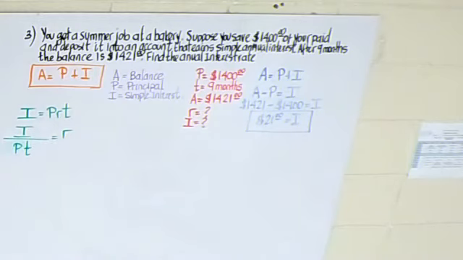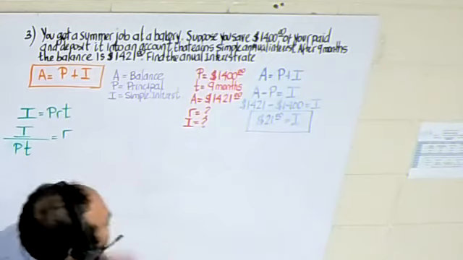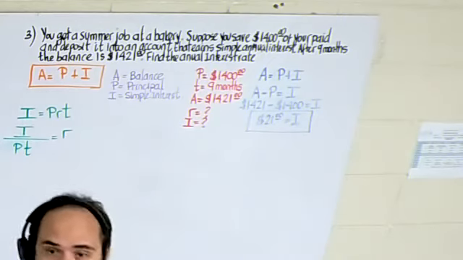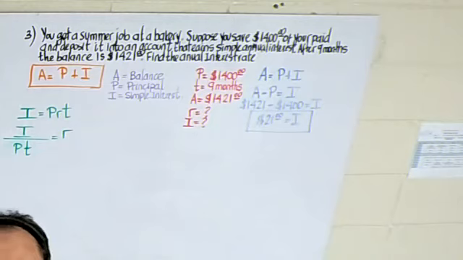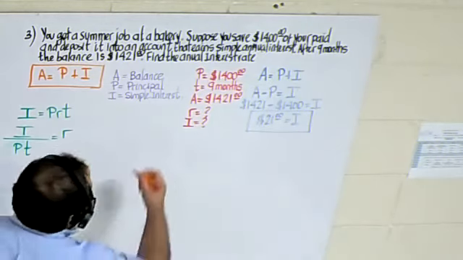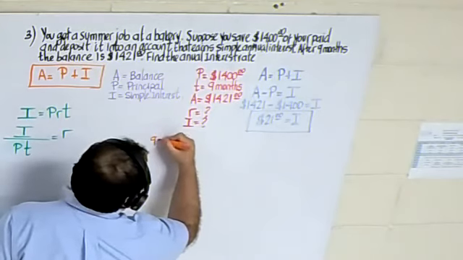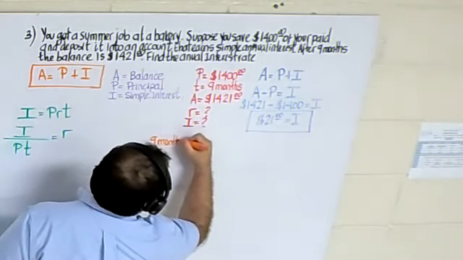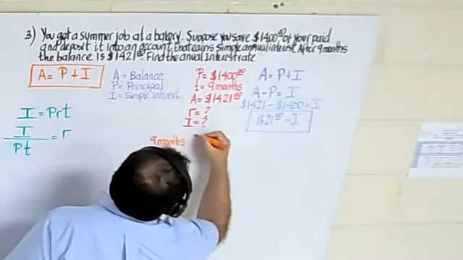remember, T represents what? It represents the period of time in years, right? In years. But if we analyze the problem, it says we got only 9 months. So before using this formula, we have to change 9 months into years.